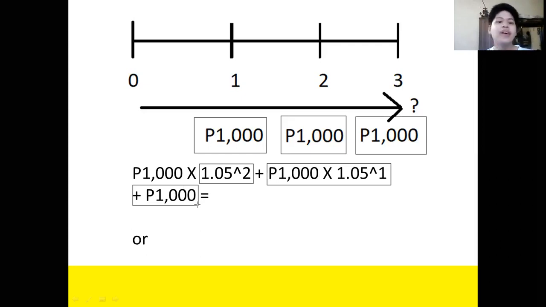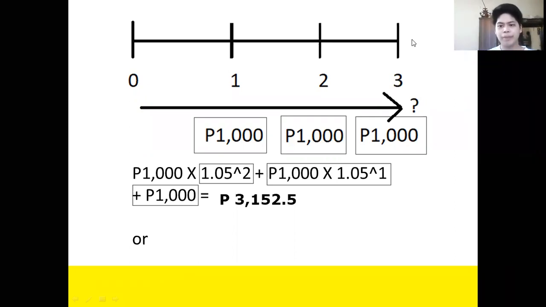Or in short, 1,000 pesos times 1. So kaya, 1,000. Kasi walang period na nag-elapse. So okay, we will add everything. So what is the answer? Okay, so after computation, the answer is 3,152 pesos and 50 centavos.